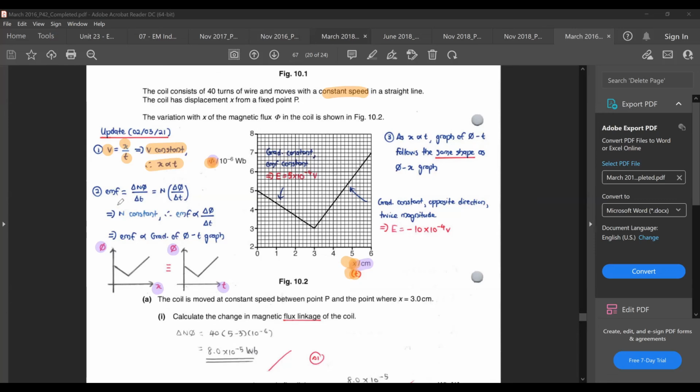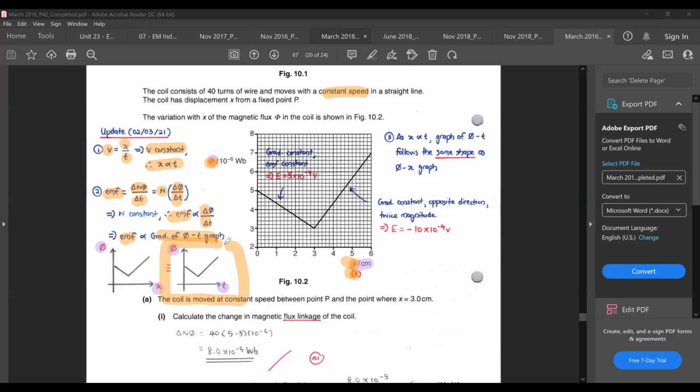Then EMF is the rate of change of flux linkage, so EMF is proportional to the rate of change of flux. So the EMF is proportional to the gradient of the flux-time graph.